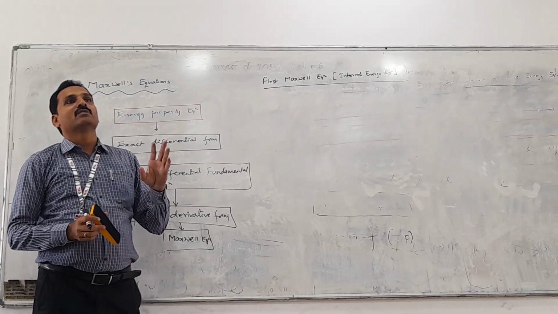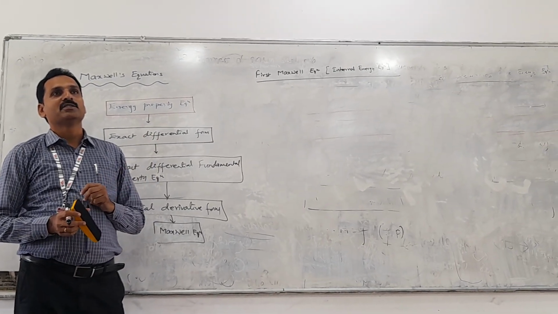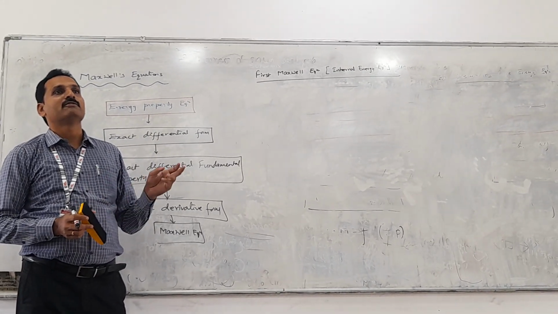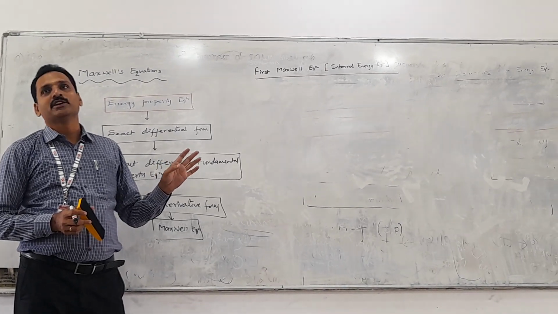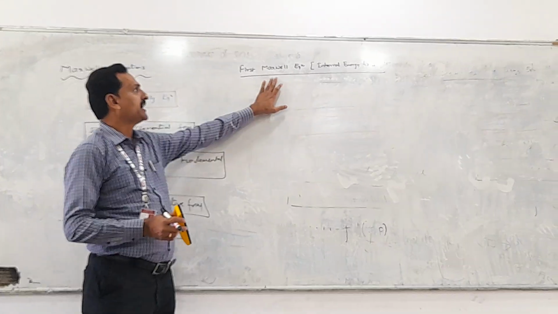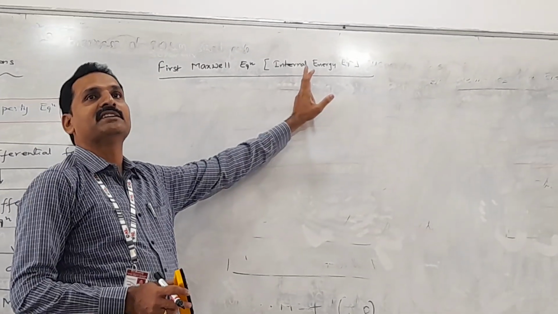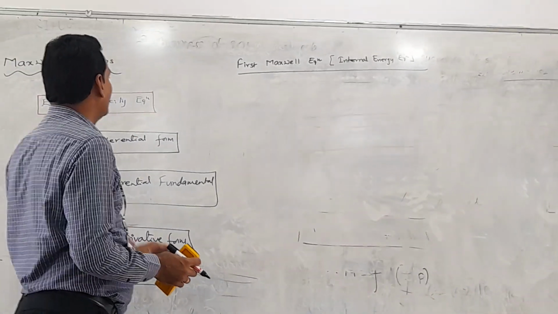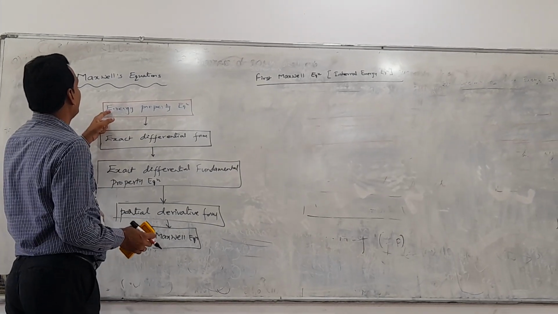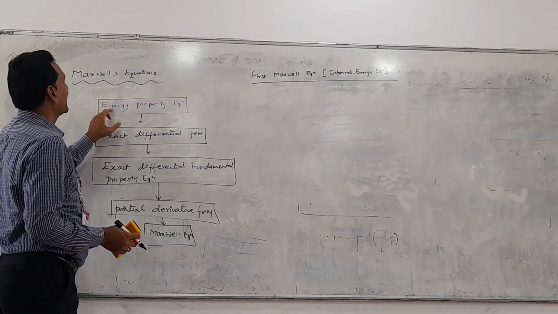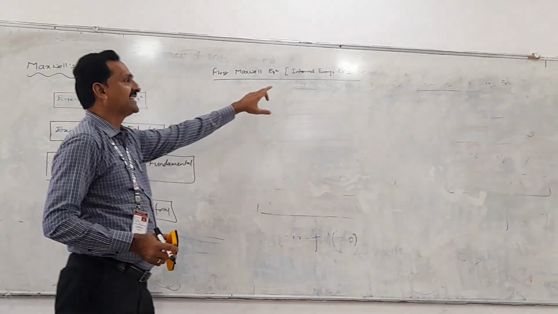There are four types of fundamental property equation. In the same way, there are four Maxwell equations. The first Maxwell equation is in terms of the internal energy equation. Let's take the steps. What is the energy property equation for internal energy?